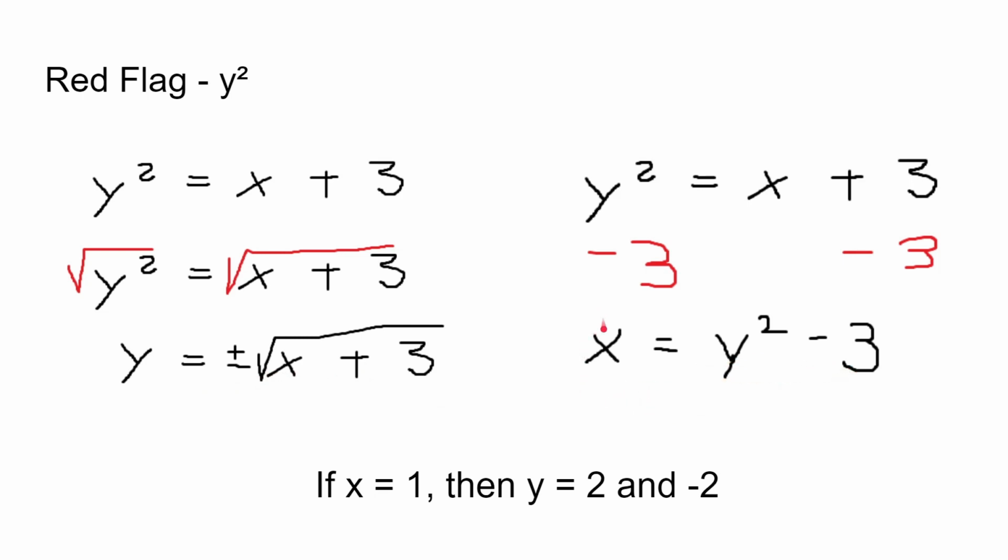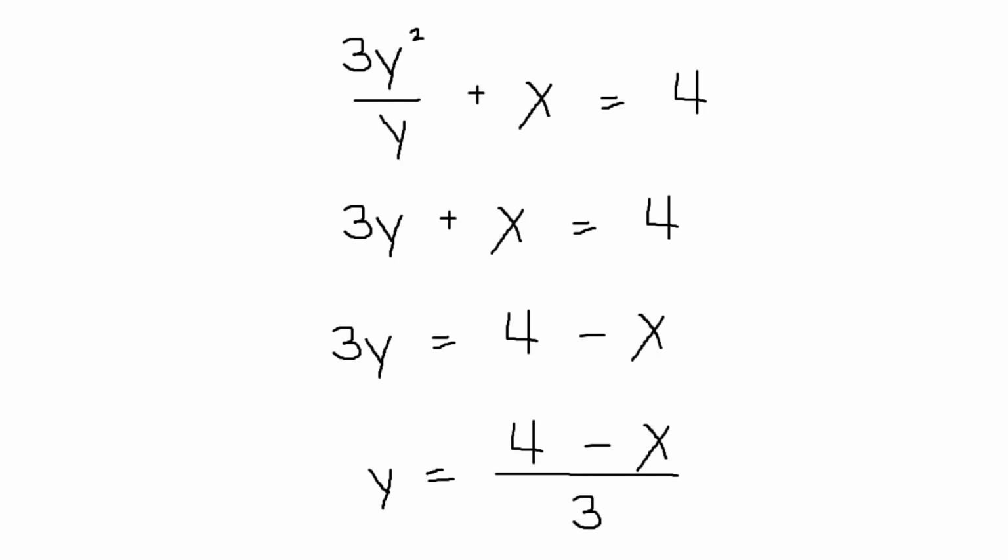If we plug in 1 equals y squared minus 3, we add 3 to this side, then we get 4. But y can equal 2 and negative 2, and if squared, both would equal 4. So we have two answers, which means this would not be a function.